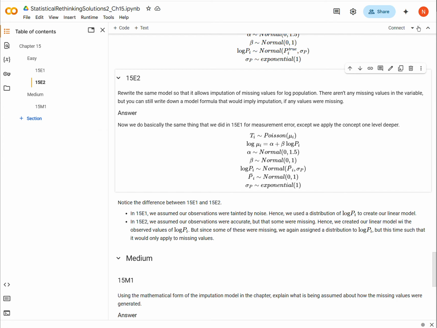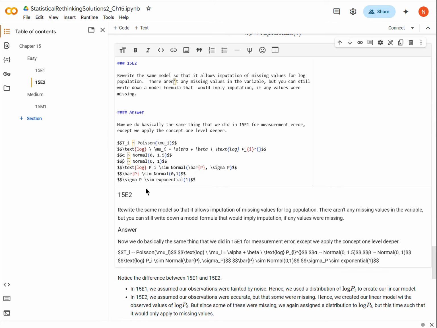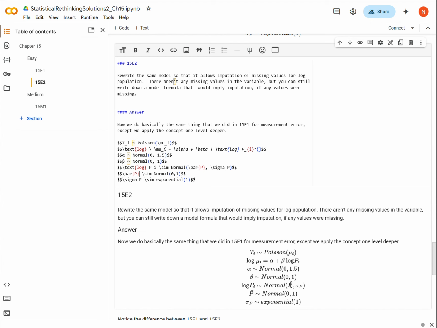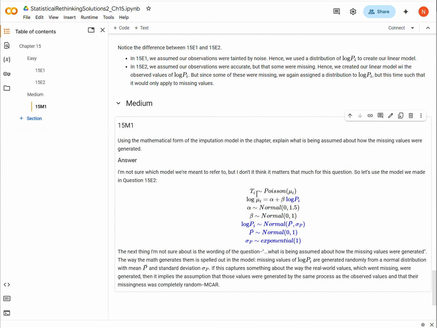So I'm going to fix that here, and maybe I will just keep the camera rolling. So we want to delete this, and this. Okay, so we fixed that. Now this is the model that we'll look at down here, and I've highlighted in blue the parts of the imputation model.